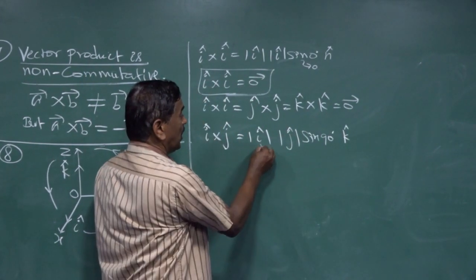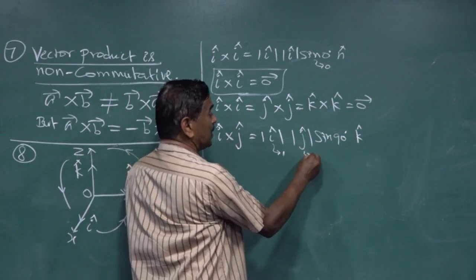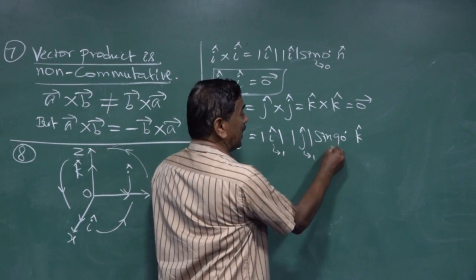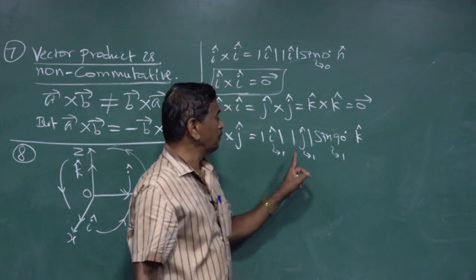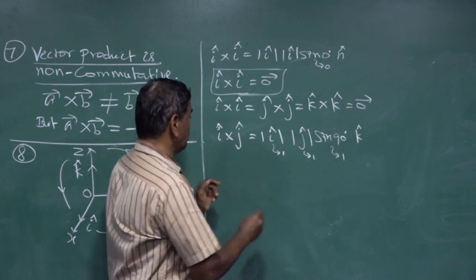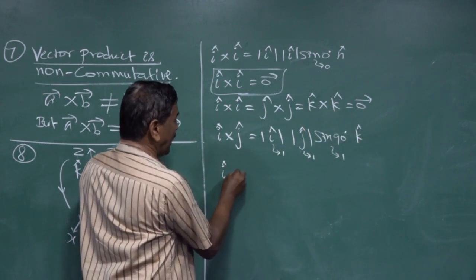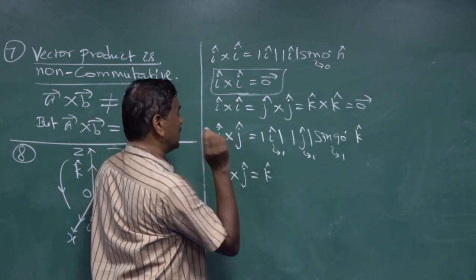Now modulus i cap is 1, very good. Next, modulus j cap is 1. Next, sin 90 is 1. Now listen, 1 into 1 into 1 is 1. So 1 into k cap is k cap. So i cap cross j cap is equal to k cap is the answer.